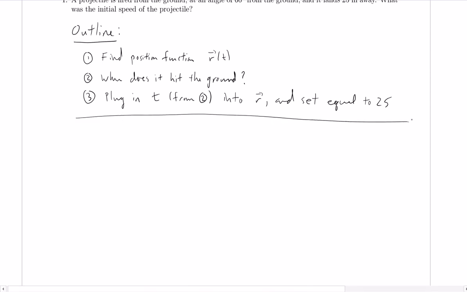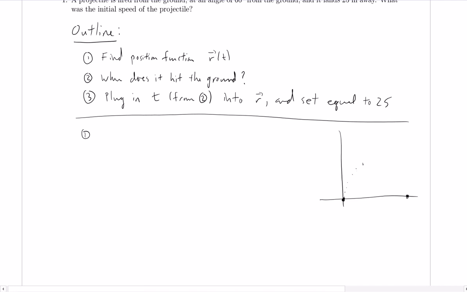So first, let's do part 1. Let's find the position function. But even before that, let's draw a picture and look at what we're being asked to find. Let's pretend that where the projectile is fired from is the origin, point (0, 0), and here's the point where it lands.